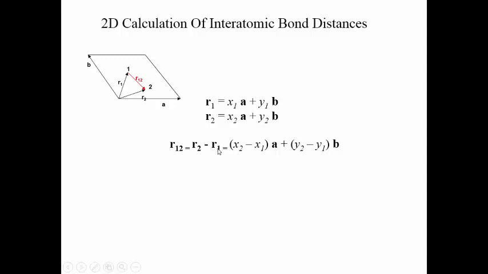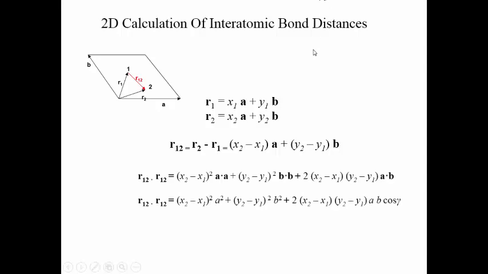R2 minus R1 is going to be x2 minus x1 and y2 minus y1. So we always go from the initial to the final values, so we have the final value minus the initial value.